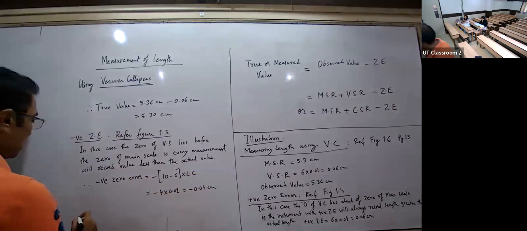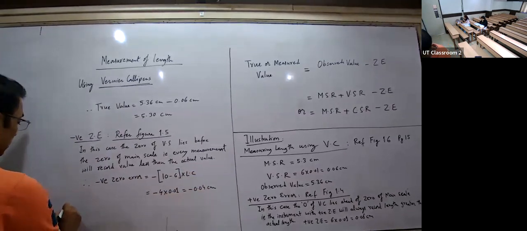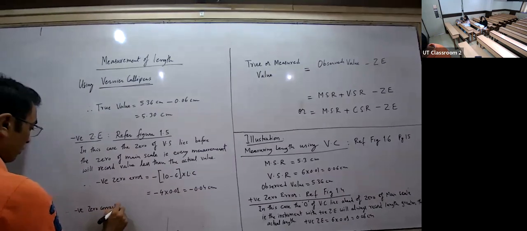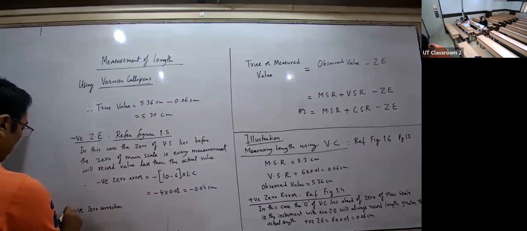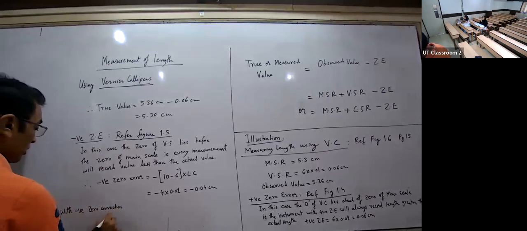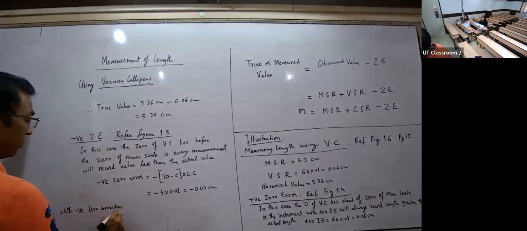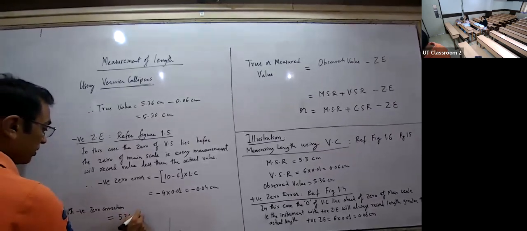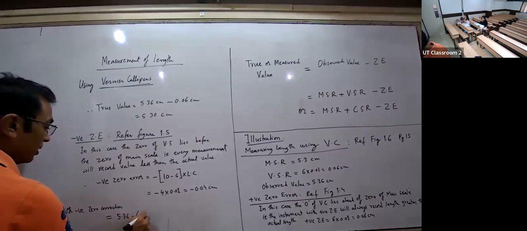Okay, so zero correction. What's the value? 5.36 minus minus 0.04.